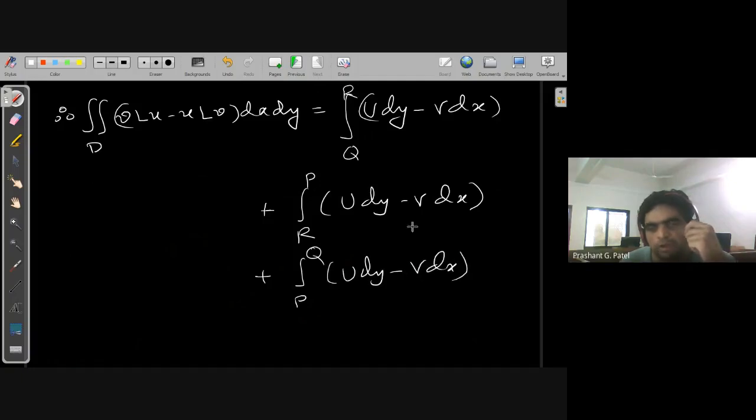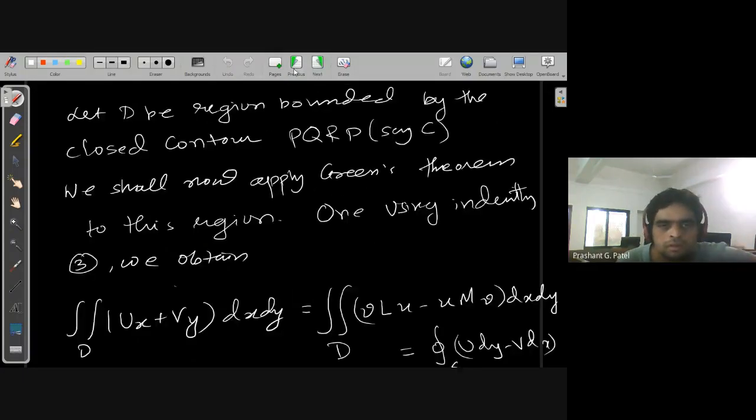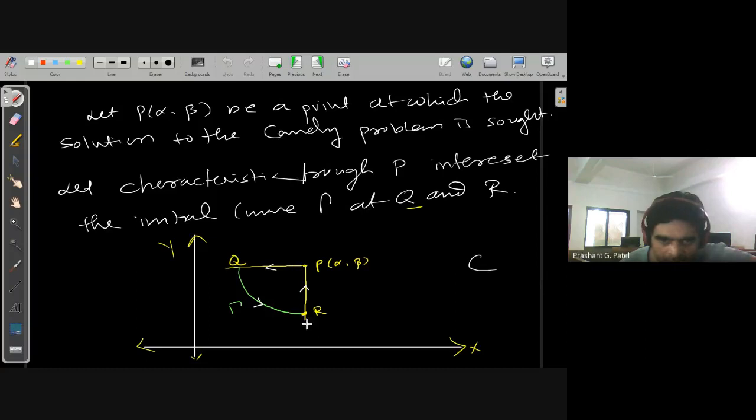And now what will happen to this dy and dx? See, through R to P, if you go through it, this is my y-axis. So y is constant here. Since y is constant, dy is 0. Here we have x constant on this, so my dx is 0.